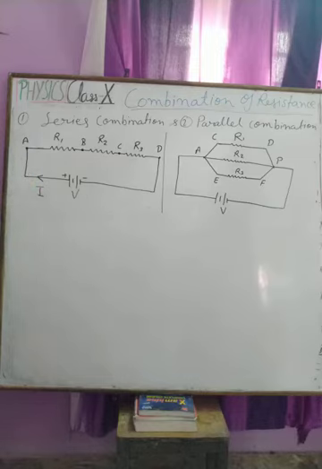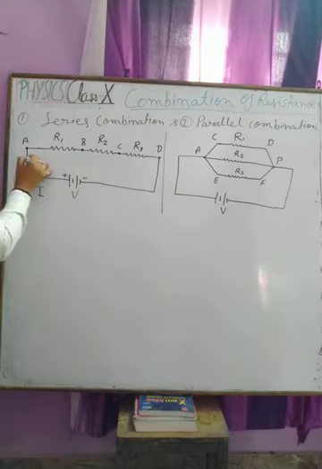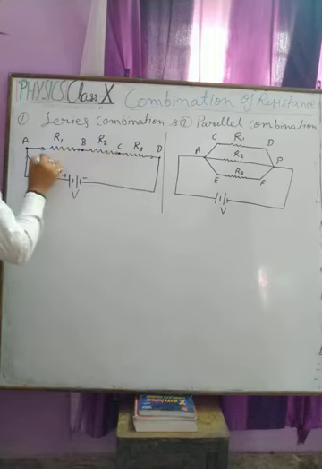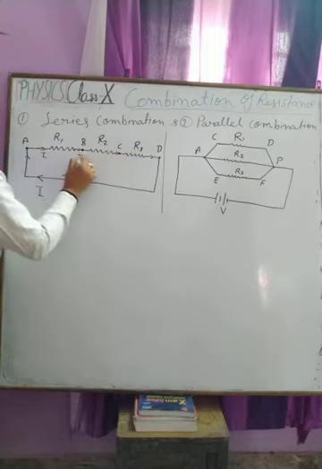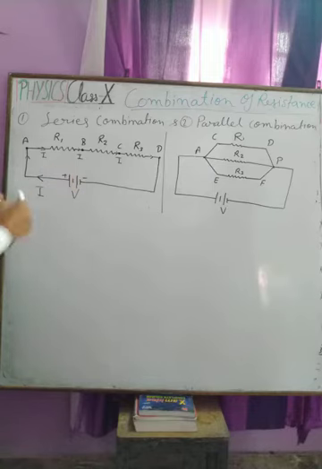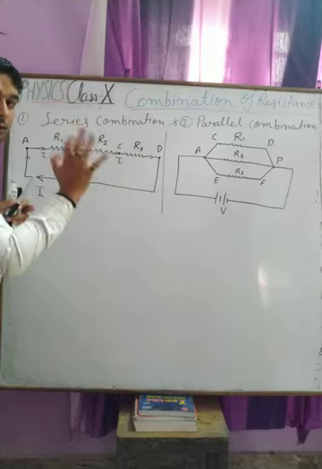We find there is only one path, so current is moving with the same value across each resistor. Okay, if the current is moving with the same value across each resistor, we assume the resistors are connected in series combination.